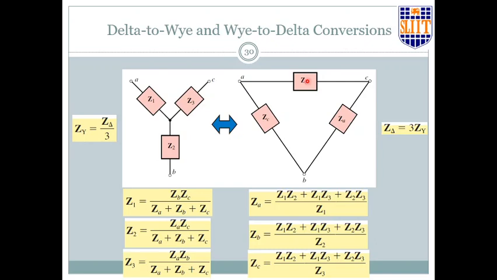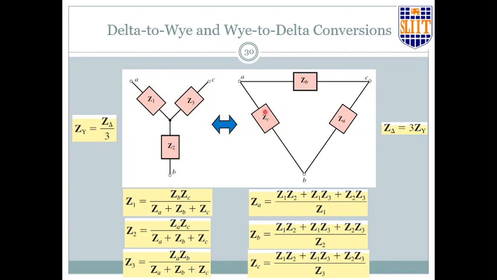On the other hand, to calculate this one, let's say ZA, what goes on the top is you multiply this into this, this into this, this into this, divided by the one in the front, so that is Z1. To calculate ZB, again what goes on top is the same, Z1 Z2, Z2 Z3, Z3 Z1, divided by Z2.